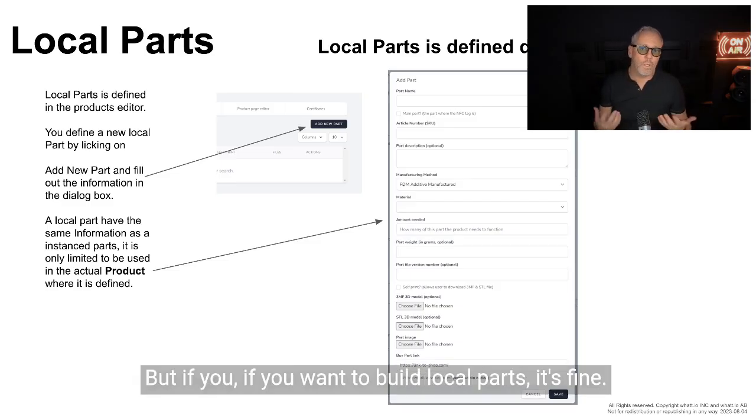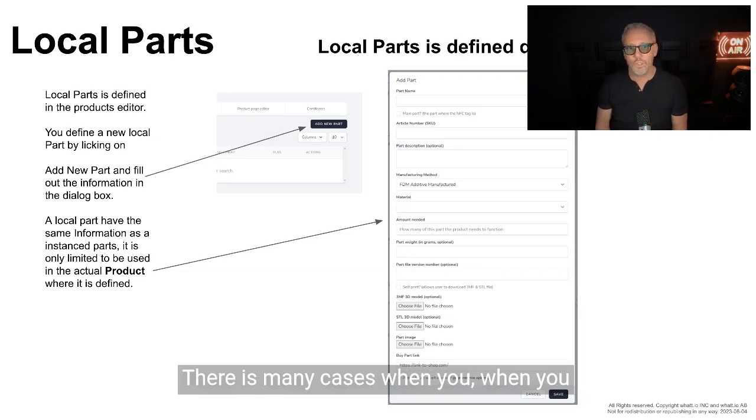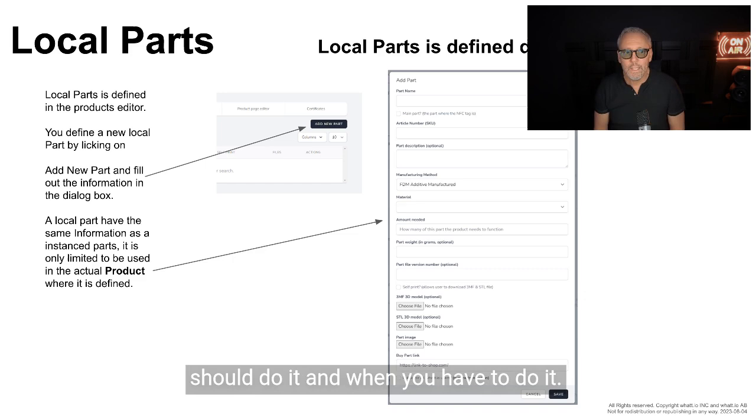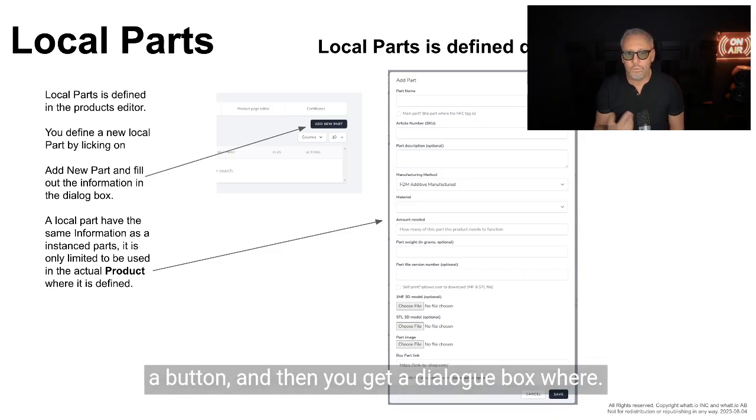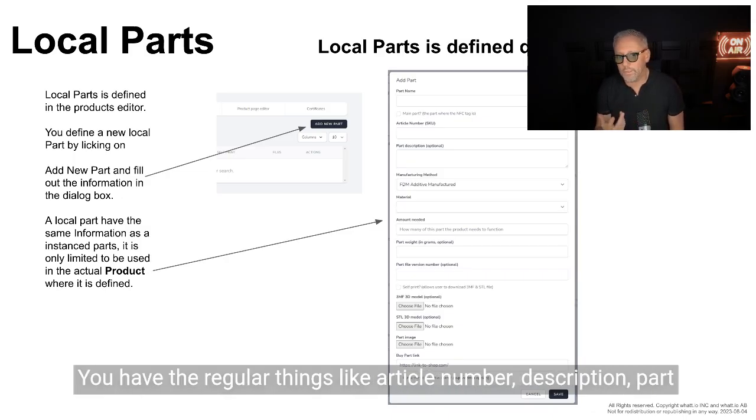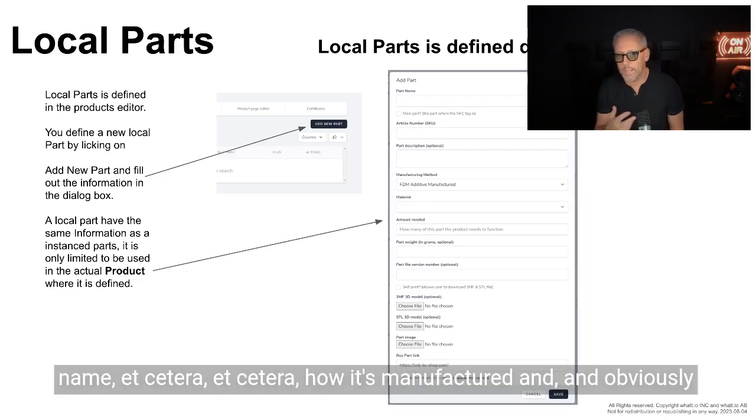But if you want to build local parts, it's fine. There are many cases when you should do it and when you have to do it. They are defined in the product editor. Super easy. You say new local part, click on the black button, and then you get a dialog box where you have the regular things like article number, description, part name, and how it's manufactured.